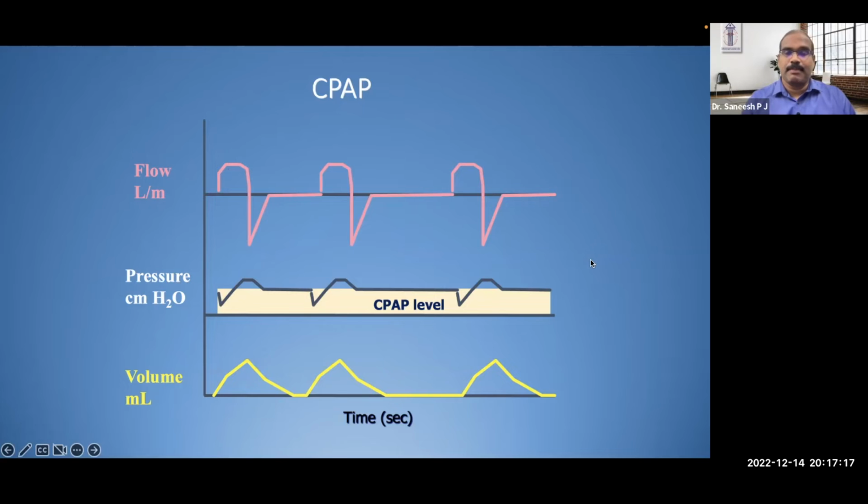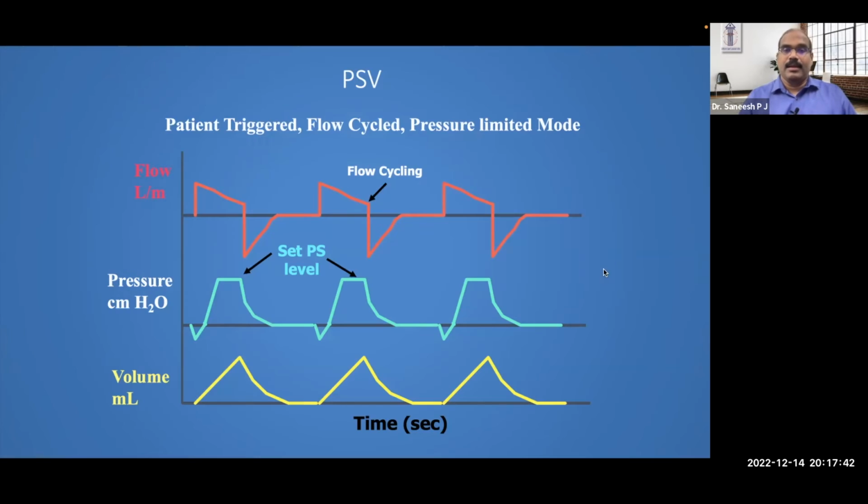So CPAP is basically when your baseline is elevated and the patient starts breathing. The patient triggers and cycles the breath, and the rate and the volume, everything is determined by the patient. The only difference is we have changed the baseline from zero pressure to a CPAP, or continuous positive airway pressure level.